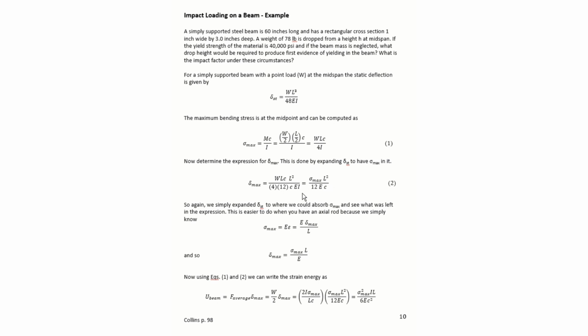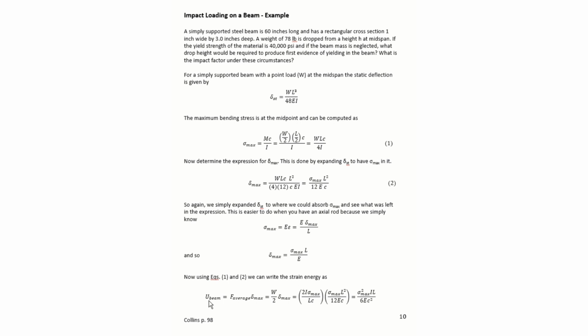Again, we simply expanded the static deflection equation so that we could absorb sigma max and see what was left in the expression. This is easier to do with an axial rod like we did before. Here we have a bending case, and so our equations 1 and 2 here can be used to write our strain energy.